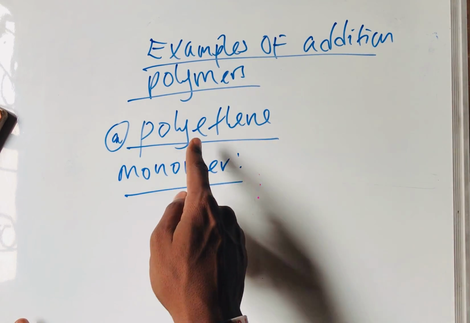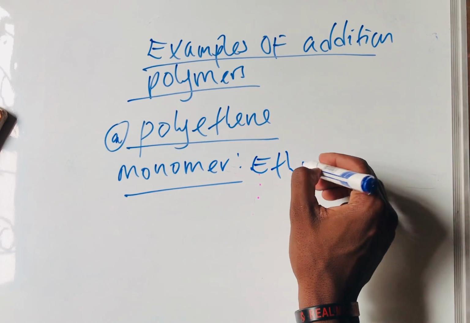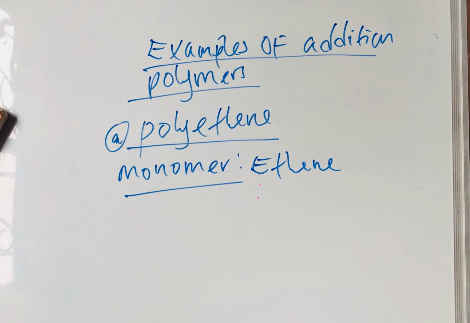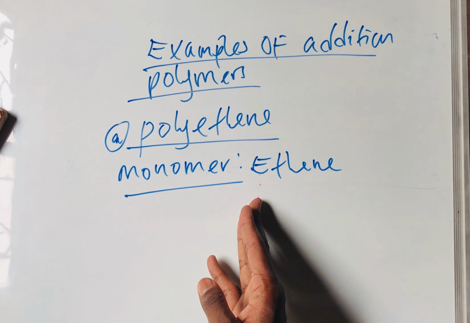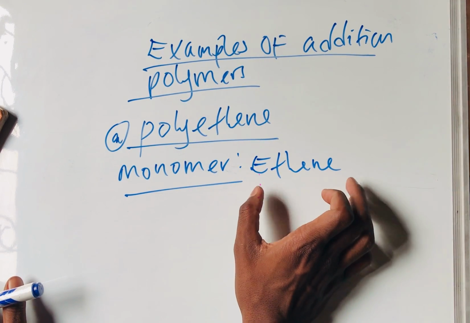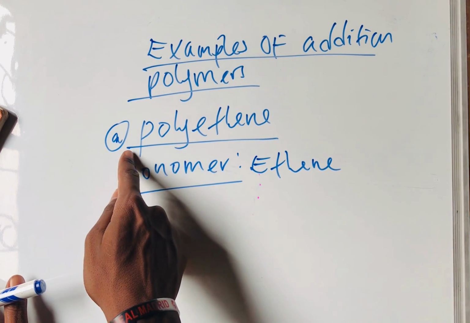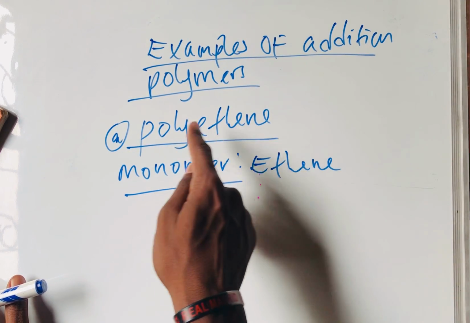Therefore, the monomer for polyethylene is ethene. Remember, ethene is an alkene, it is unsaturated. So we get a lot of these ethene molecules and join them together to form this macromolecule, which is polyethylene.